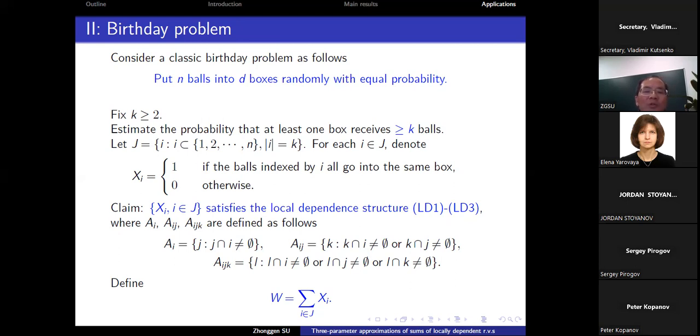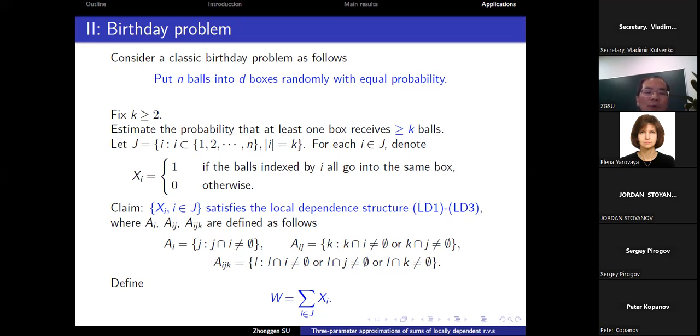X_i equals 1 if the balls indexed by I all go into the same box. Here I is the index, which is a subset of {1, 2, 3, ..., n} with size k.